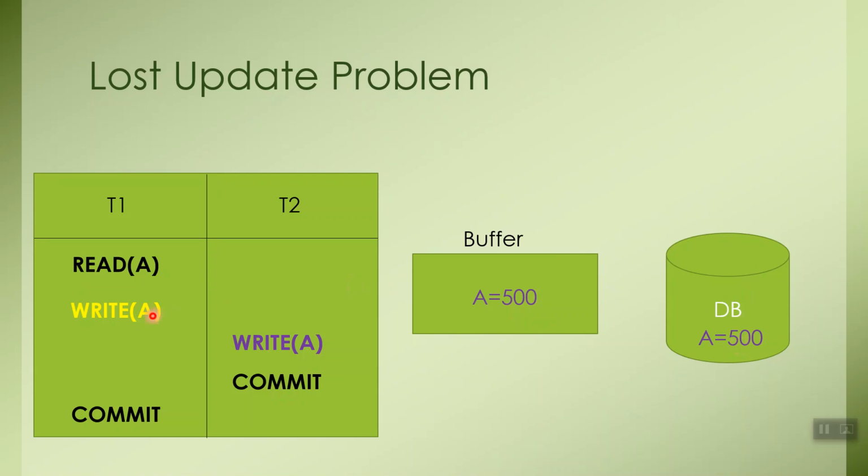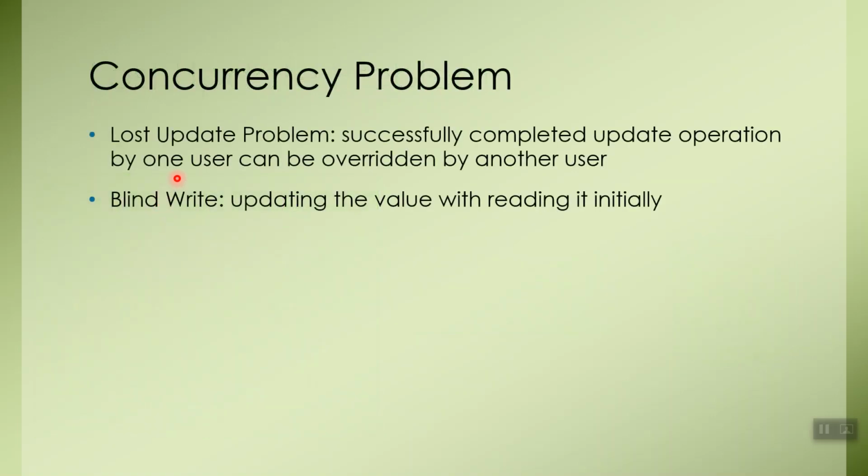So in this case, we have lost the value that was changed by the write A statement of T1. This value was never updated to the database. That means we have lost the update made by transaction T1, and therefore this problem is called the lost update problem.